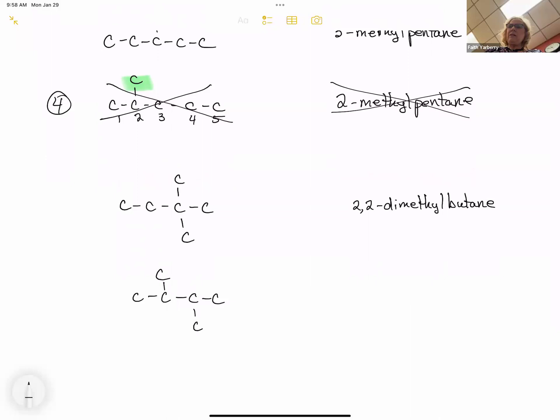And that would give me yet another combination. Diethylpropane. That's how they come out.